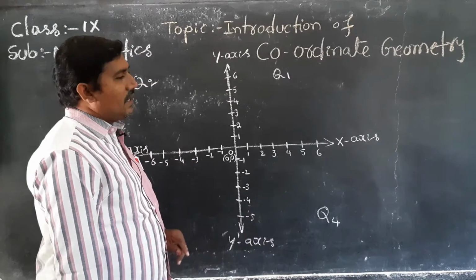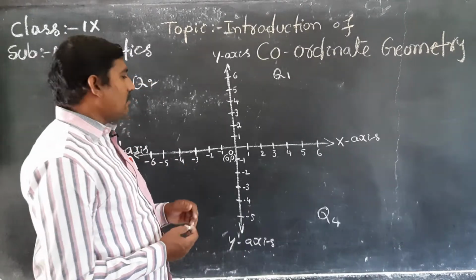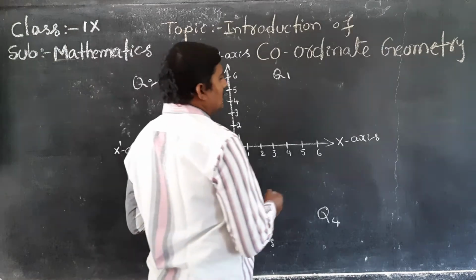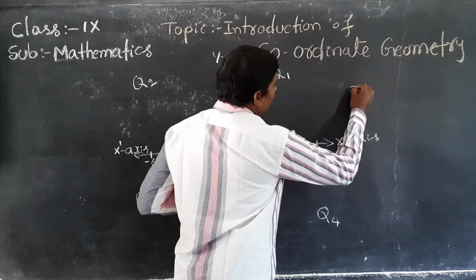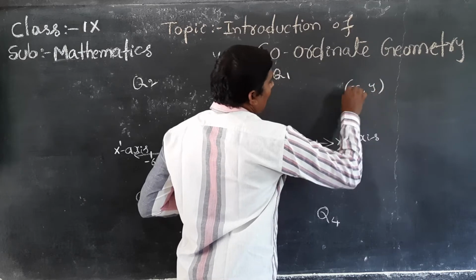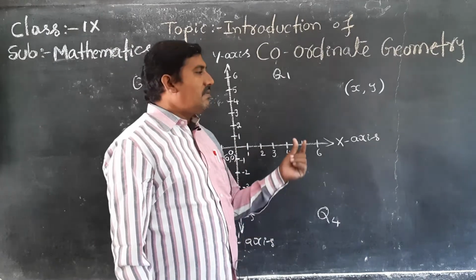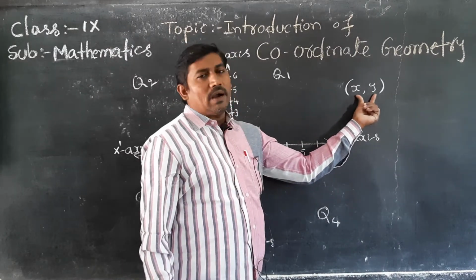In these quadrants we will take values like coordinates. Coordinates means x comma y values: the value on the x-axis and the value on the y-axis.